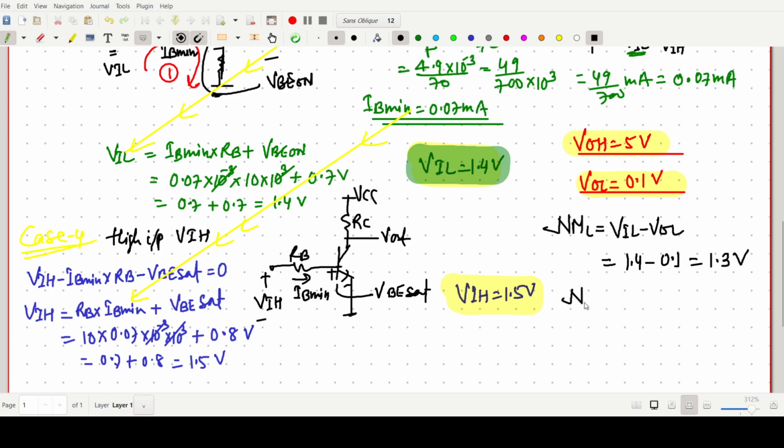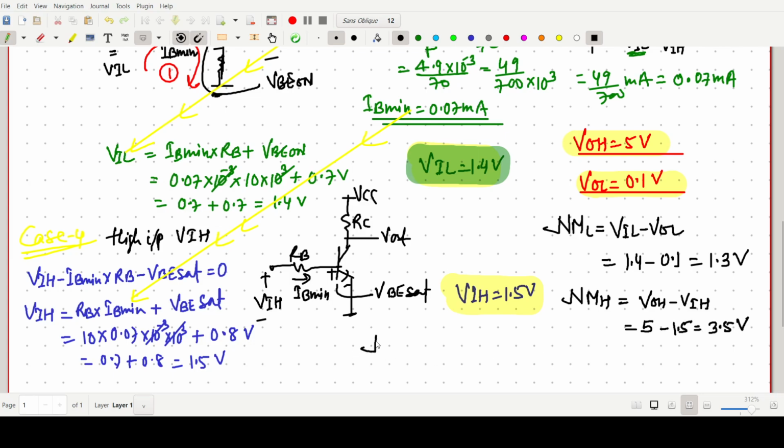And NMH is nothing but simply VOH minus VIH. No need to remember, you can draw the VTC and write the formula. And VIH is 1.5 volt, so it should be 3.5 volt.